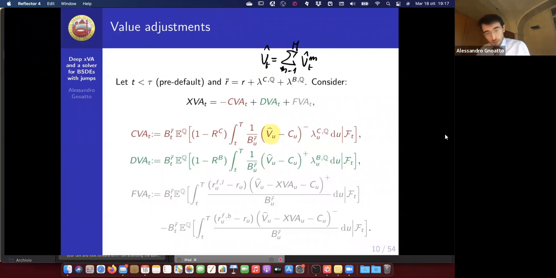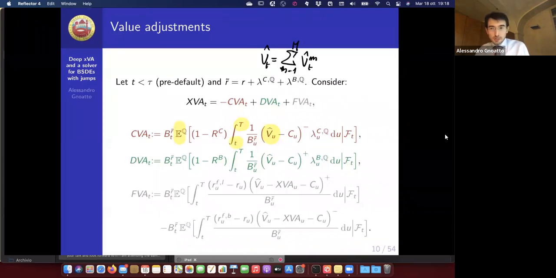So, in principle, this object could depend on several risk factors: several short rate processes, several FX rates, several indices, etc. So you see that I need to compute the whole story of V hat between small t and capital T, and then, of course, I need to take the conditional expectation.